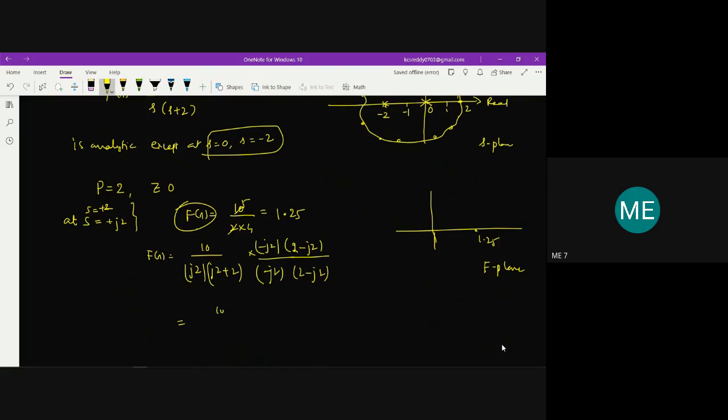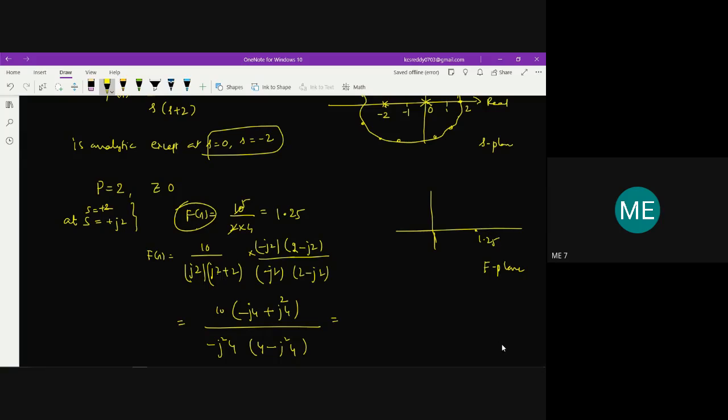So here 10 into minus 4 minus j4, then divided by plus j2 into minus j2, which is a plus b into a minus b, so a square 4 minus j square 4.